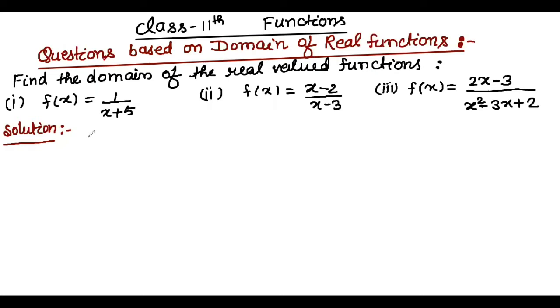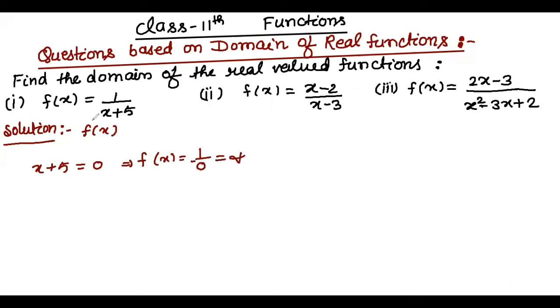So function is f(x) = 1/(x+5). So we can write here f(x) assumes real values for all real values of x except for the values of x satisfying x + 5 = 0. Means if we are applying x + 5 = 0, what we are getting here? 1 by 0. So this is infinity.